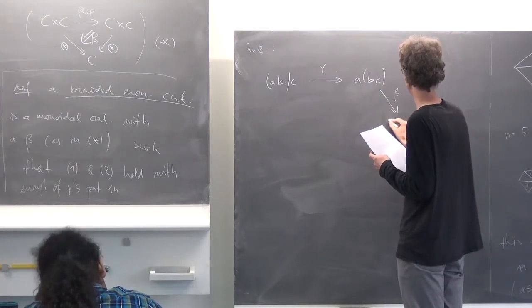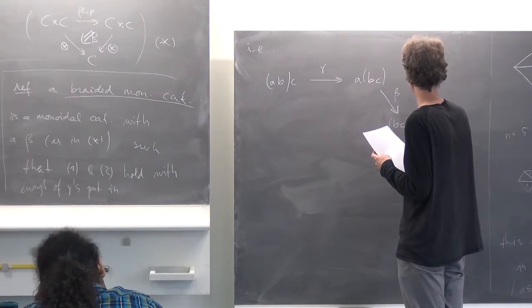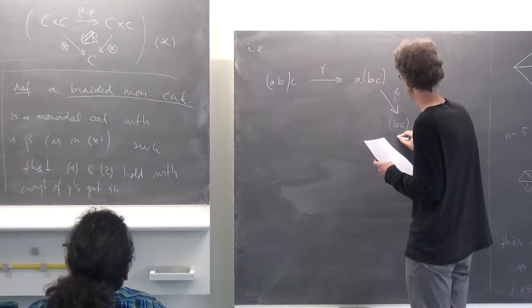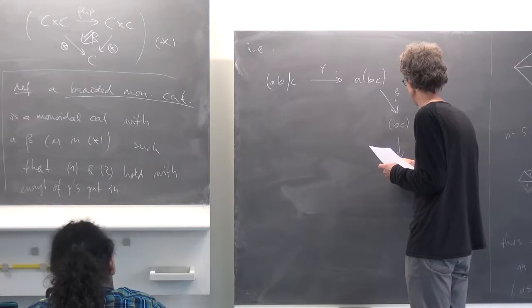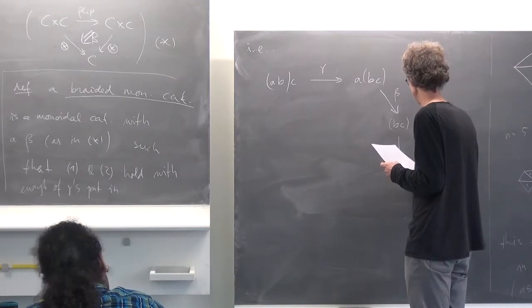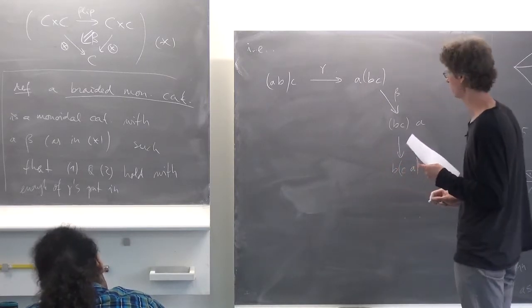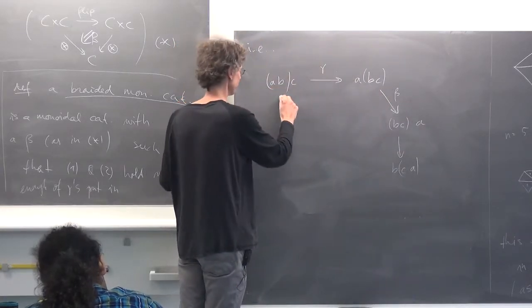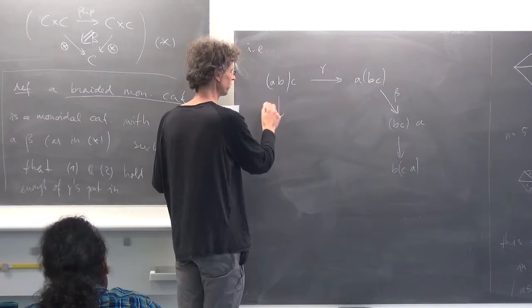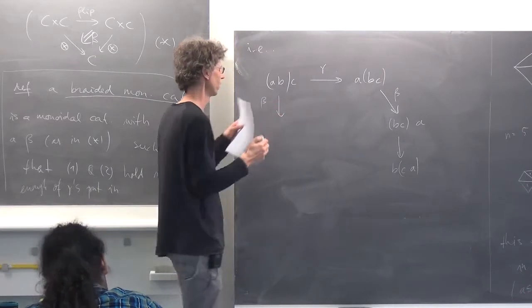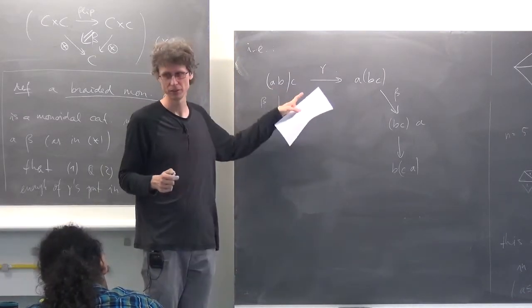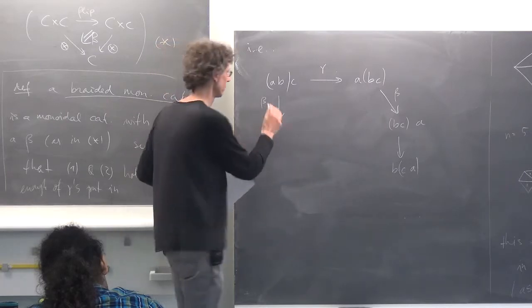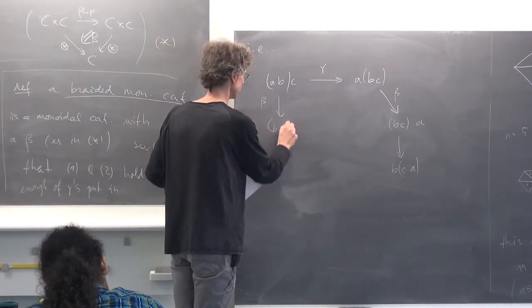So we can go to BC, A, and land in BCA, with parentheses like this. Or I can jump with A already. So here I'm using beta, but it's really like beta tensor identity on C. So it's BAC.